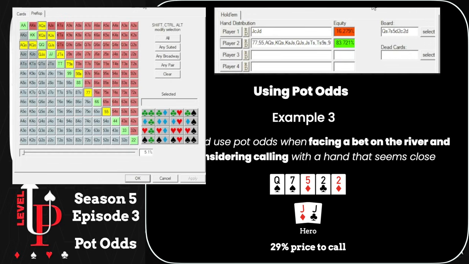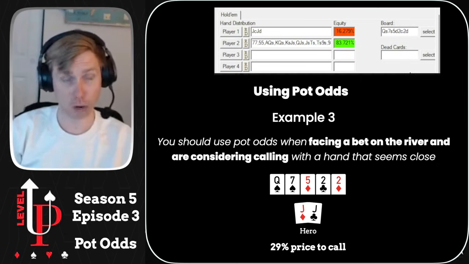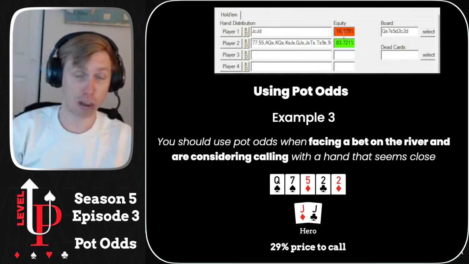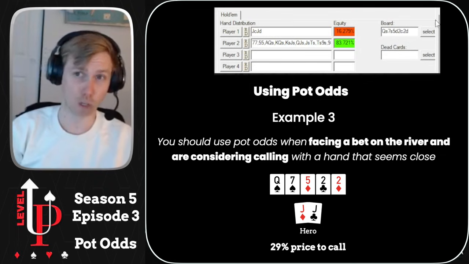I've also included a set of sevens and a set of fives in the range, and then as far as bluffs go, I've given him just a handful of missed flush draws, king jack suited, jack 10 of spades, 10-9 of spades, and all of the different 9-8 combinations for a missed straight draw. And when I run this equity calculation against this range, pocket jacks has just 16.2% equity.